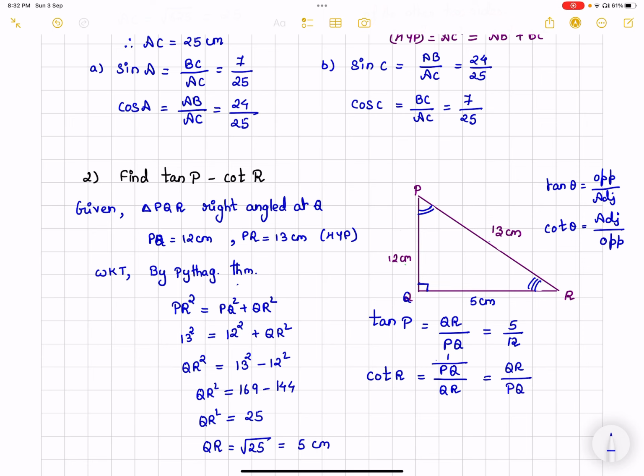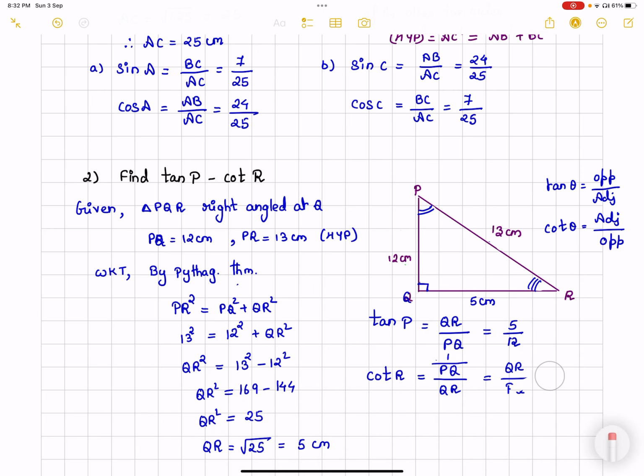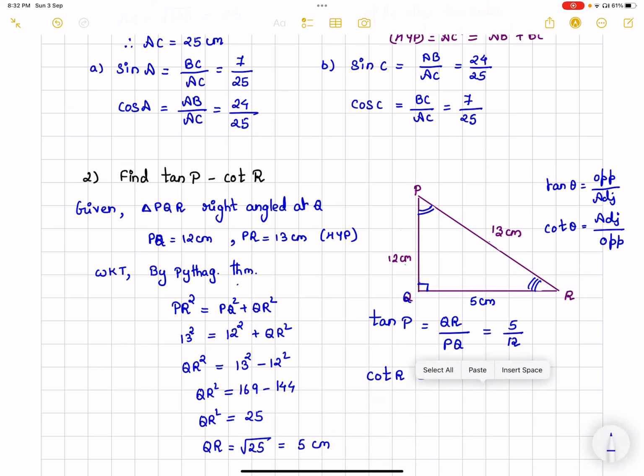The thing is that cot R is nothing but a reciprocal of tan. So instead of this, we can also do it directly. Why confuse? Very simple. Cot R is adjacent side over opposite side. For R, the opposite side is PQ. And the adjacent side is QR. So QR divided by PQ. So again, it is going to be 5 by 12.